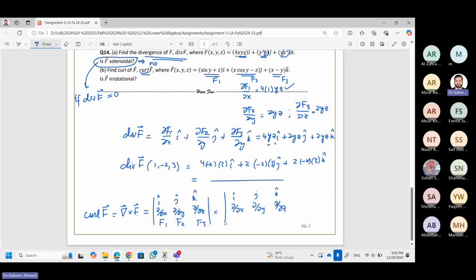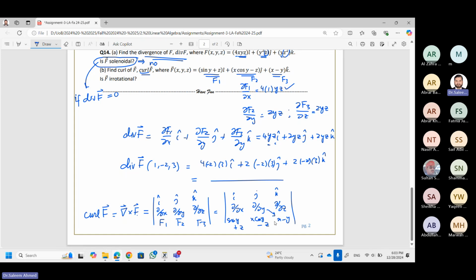Okay, so f1 is sine y plus z. F2 is x cos y minus z. And x minus y will be in there. So now we all know how to find the cross product, right? We just take this i, remove, multiply.